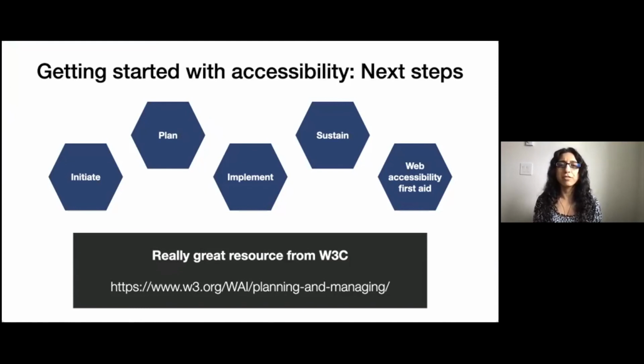On the other hand, if you need to urgently address accessibility in an ongoing web project, then they've also developed this web accessibility first aid resource, and you can access that through the same link. And that's really where I would recommend starting.